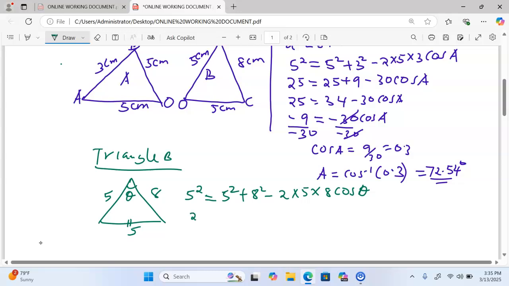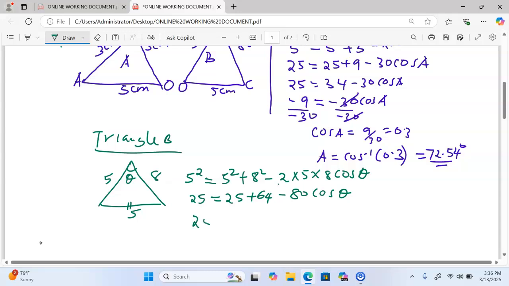Again, 5 squared is 25, being equal to 5 squared is 25 plus 8 squared is 64, minus 2 times 5 is 10 times 8, giving us 80 cos of angle theta.